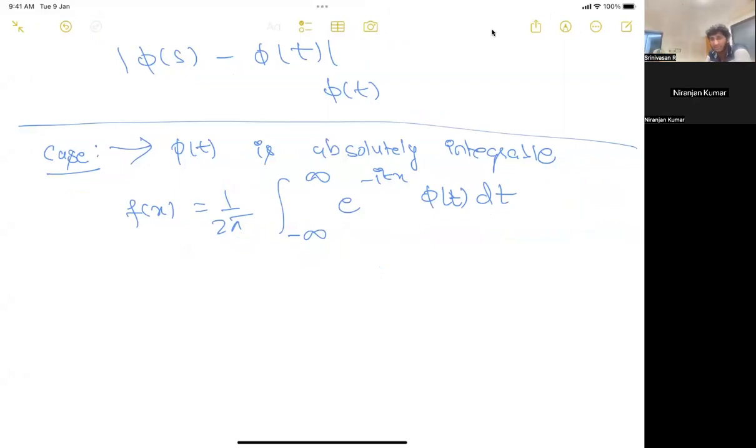Okay, so there was some slight technical issue, but here we were proving that if phi of t is absolutely integrable, with the above conditions already there, then phi of t is the characteristic function of some distribution.